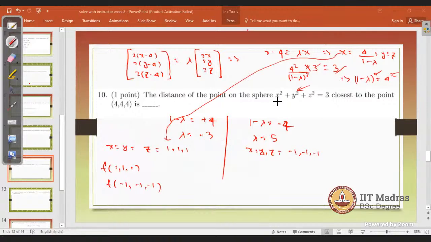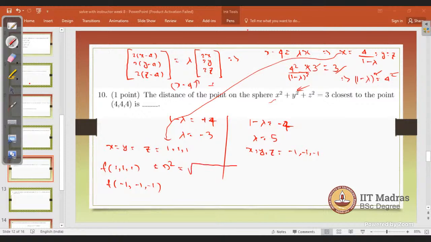This is your function, x square plus y square plus z square. I deleted that one. x minus 4 whole square, something like that. Then that is your distance square actually. Distance square, yes.